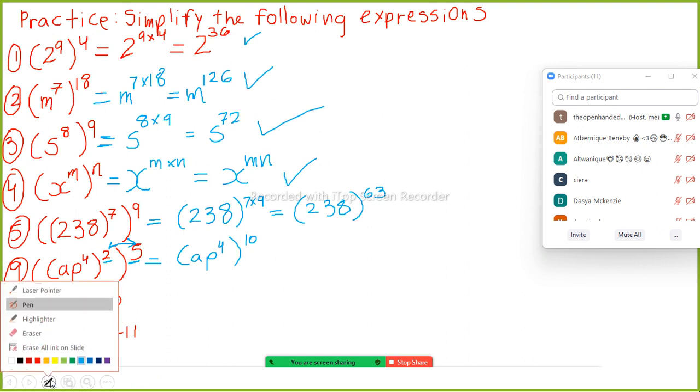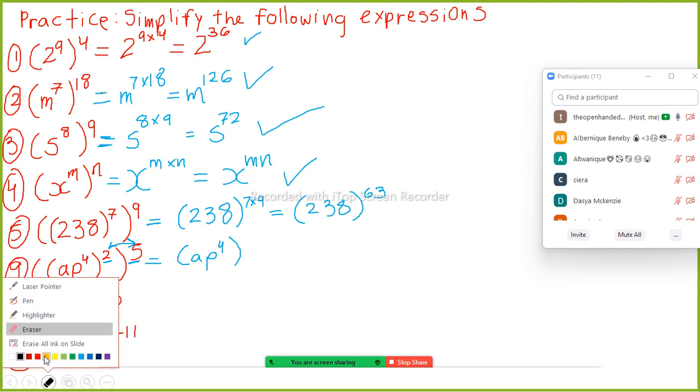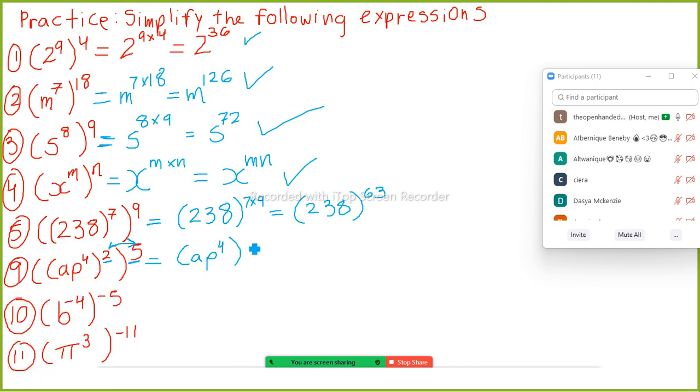I should make that clear. It's going to be 2 times 5, which is going to be equal to AP to the 4th power all raised to 10. Okay, excellent.